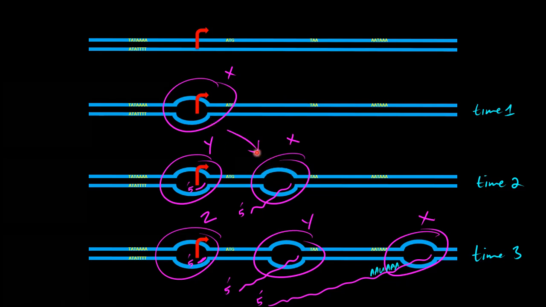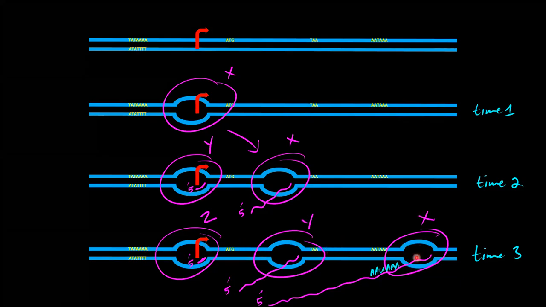After polymerase X binds, another polymerase will bind, and it will start transcription all over again. After some time, it has advanced, and now we have a polymerase in the elongation stage, a polymerase in the termination stage, and a new polymerase in the initiation stage. So you have more than one polymerase transcribing the same gene at the same time.